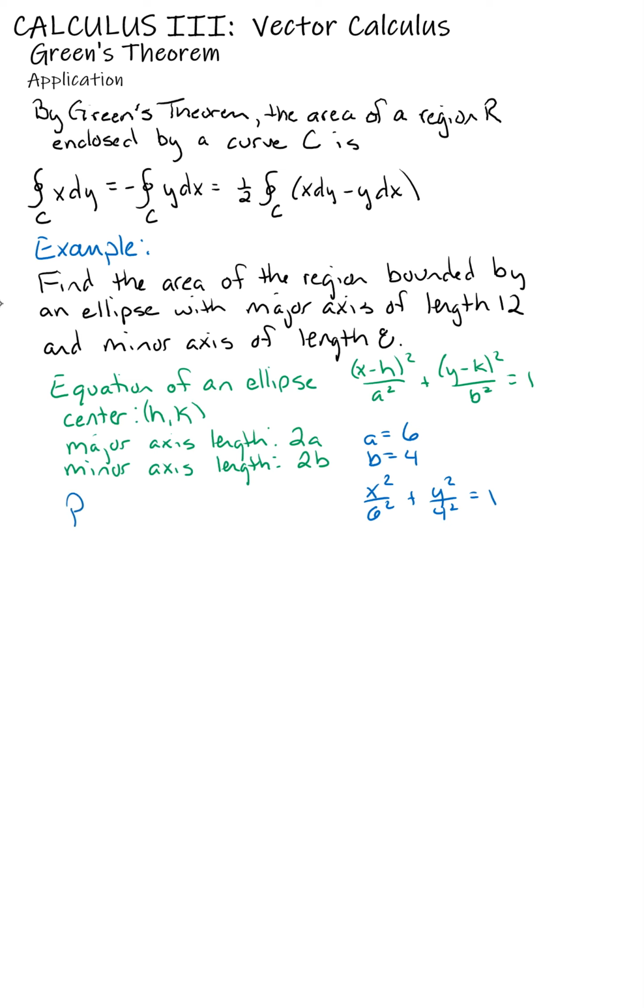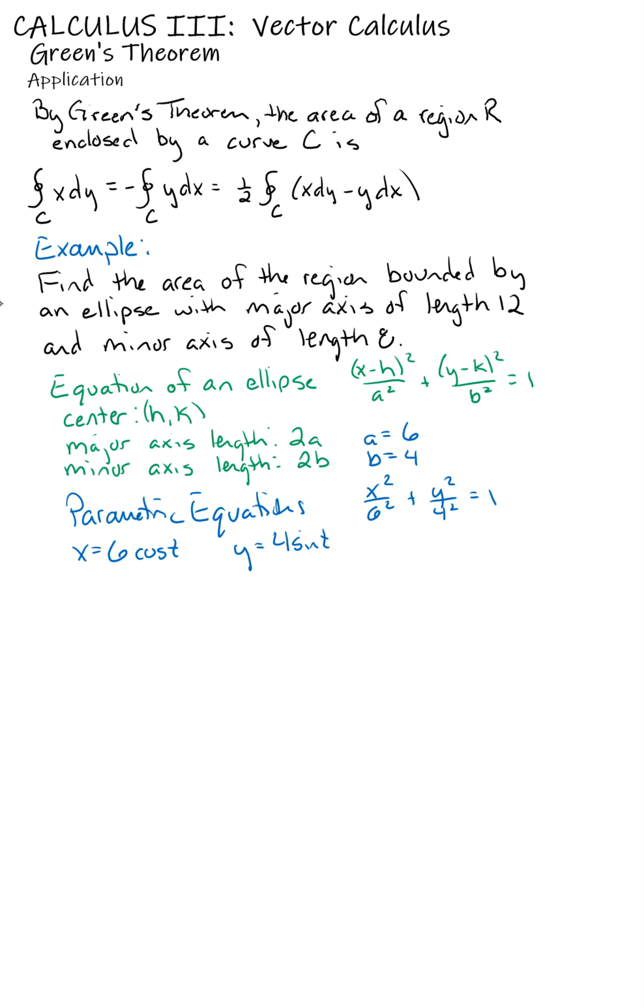So the parametric equations for this would be x is equal to 6 cosine t and y is equal to 4 sine t.